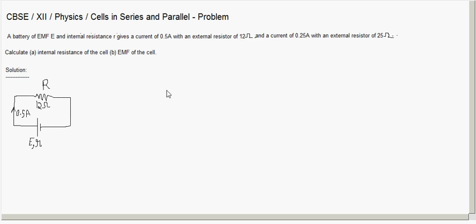And in the second case, we have an external resistor of 25 ohm and the same cell. Now the current in the circuit is 0.25 amps.